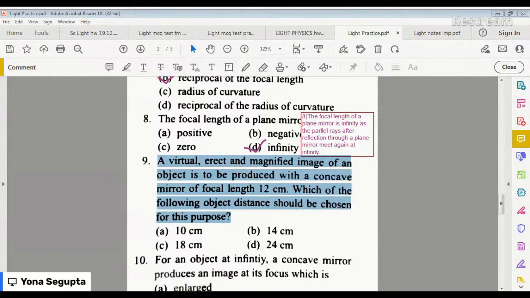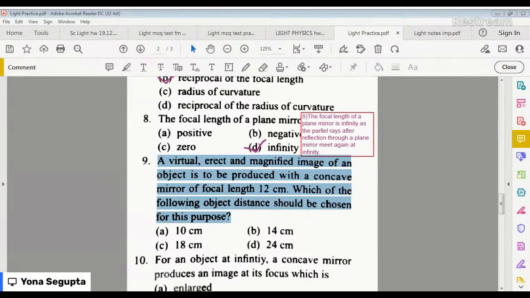Since the focal length of the given concave mirror is 12 centimeters, the object must be placed at a distance less than 12 centimeters.